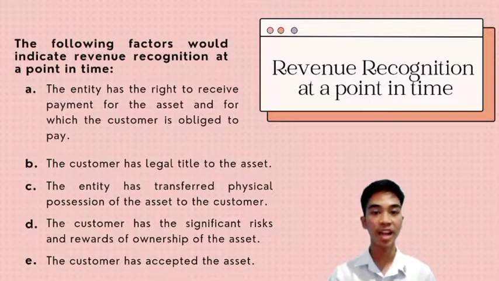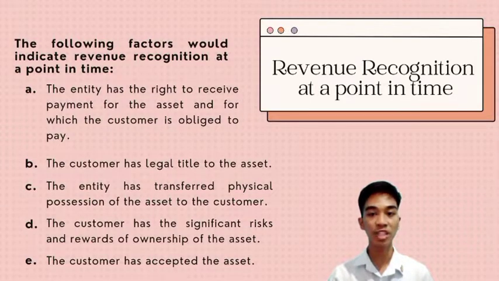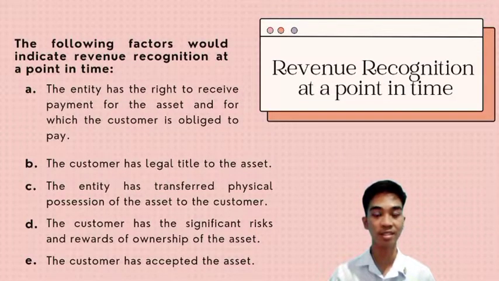Letter C, the entity has transferred physical possession of the asset to the customer. The customer's physical possession of an asset may indicate that the customer has the ability to direct the use of and obtain substantially all of the remaining benefits from the asset or to restrict the access of other entities to those benefits.